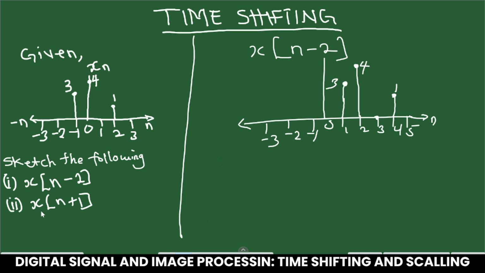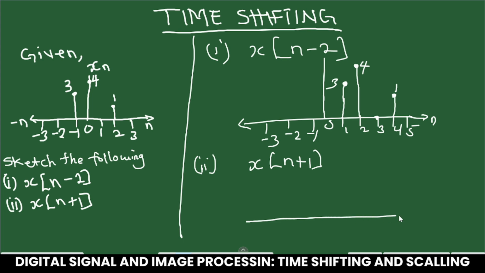Right, so now let's do the second one. We are going to sketch x of n plus 1. So 0, 1, 2, 3, -1, -2, -3.